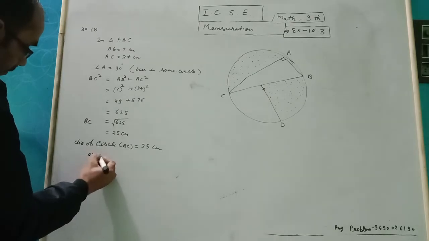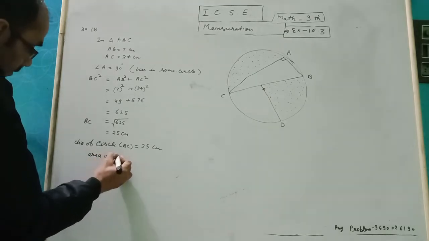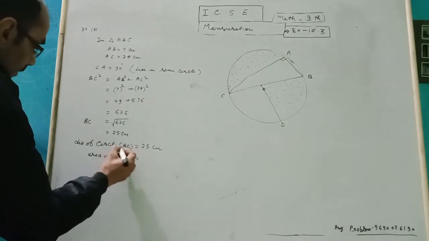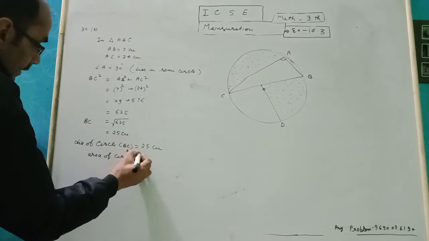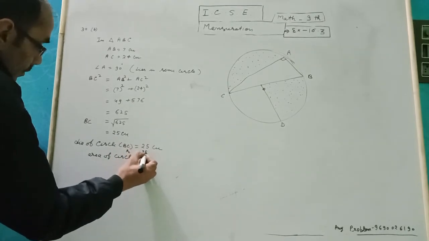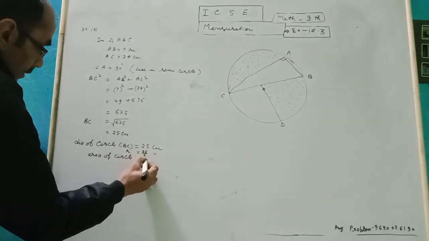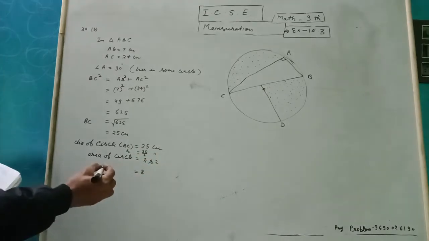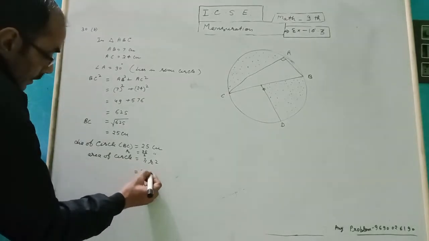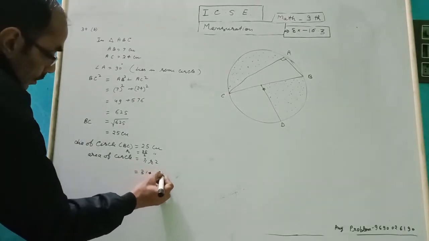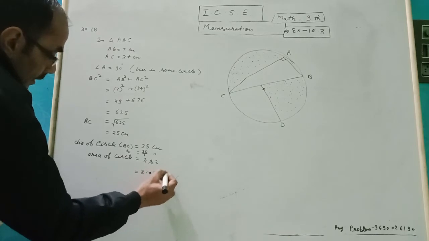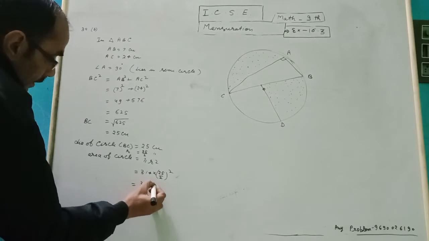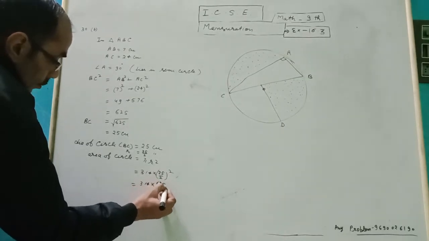Area of circle: R is equal to 25 upon 2 cm. Area of circle is pi r square, pi value 3.14 into 25 upon 2 square, is equal to 3.14 into 625 upon 4.